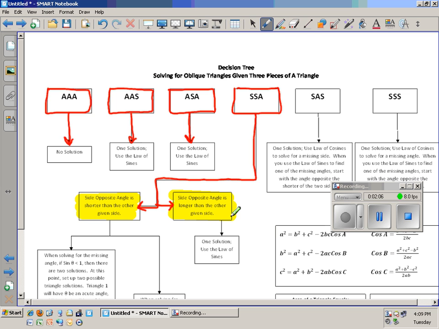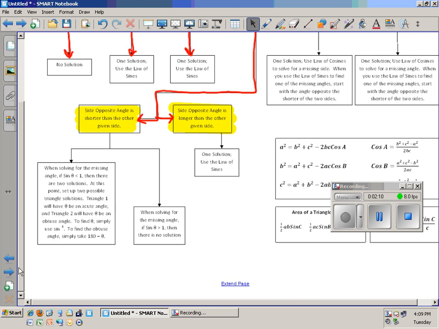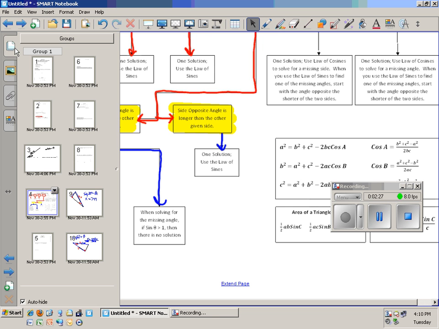You need to decide which one that is. Based on that information, you are then going to encounter either two solutions, or no solutions, or in this case, one unique solution. Now, I'm going to draw it out so you can understand. I know this is a lot to take in, but you'll have some time to practice.